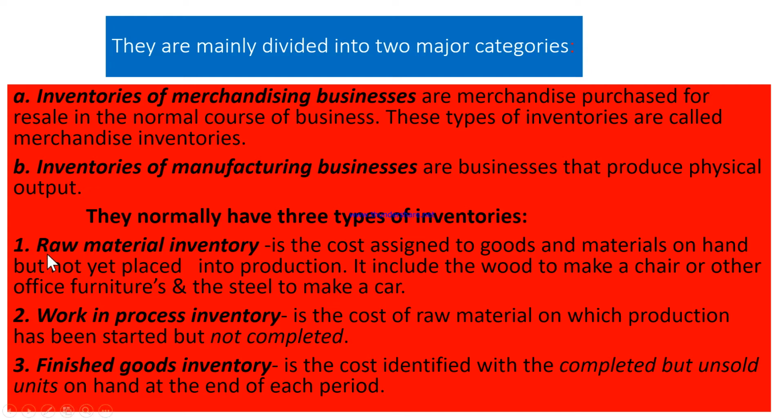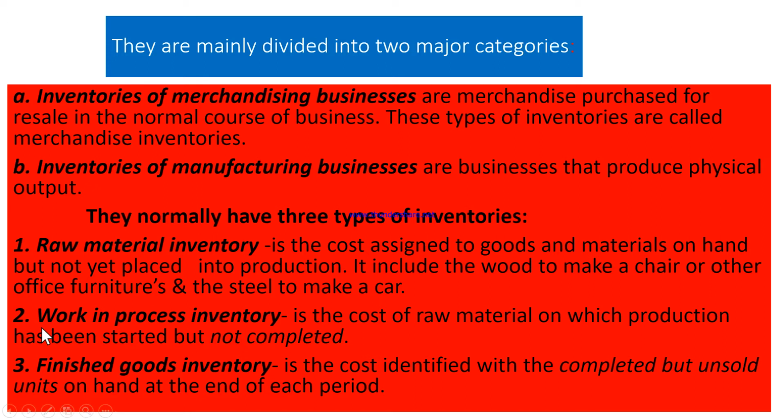The first one is raw material inventory. This is the cost assigned to goods and materials on hand but not yet placed into production. This includes the wood to make a chair or other office furniture, as well as the steel to make a car. They are commonly known as raw material inventories.